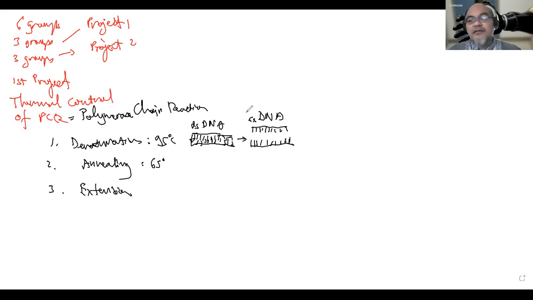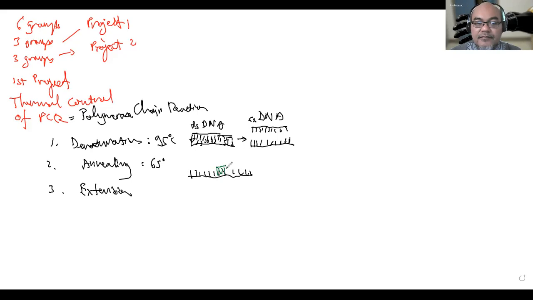For example, in the case of SARS-CoV-2 virus, usually the primer will be related with the S gene, the gene encoding the spike protein, or otherwise with the N gene, which encodes the nucleocapsid protein, and many others. So what will happen is, let's say this is a long single-strand DNA from the viral genome, the primer will attach here.